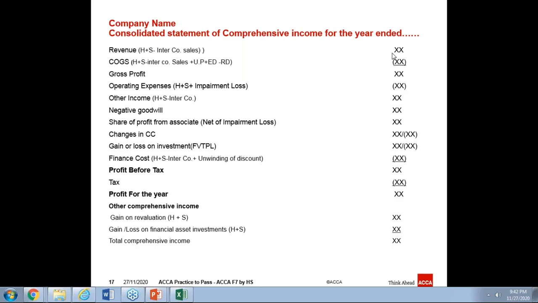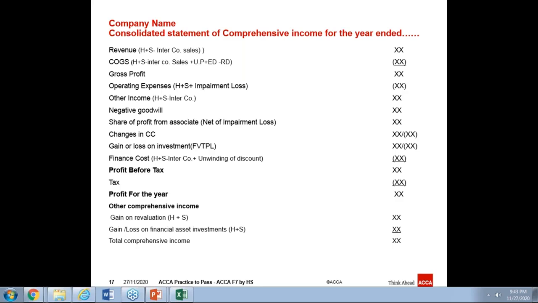Suppose we have acquired a subsidiary in April. Starting from January, we have acquired a subsidiary in April. So it means that we are controlling that subsidiary from April to December. So it will be 9 months. So we have to proportionate all the results of the subsidiary to 9 months.